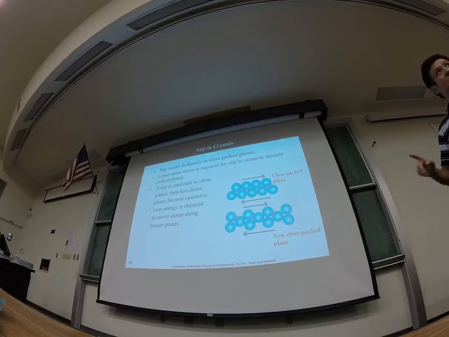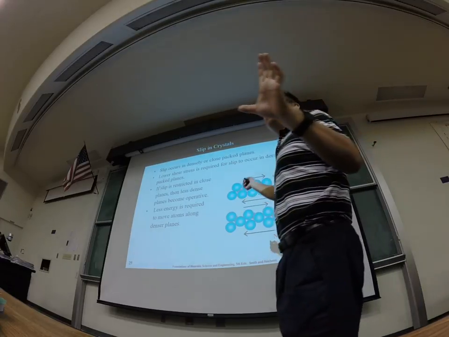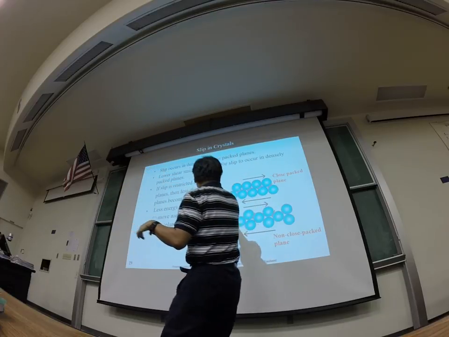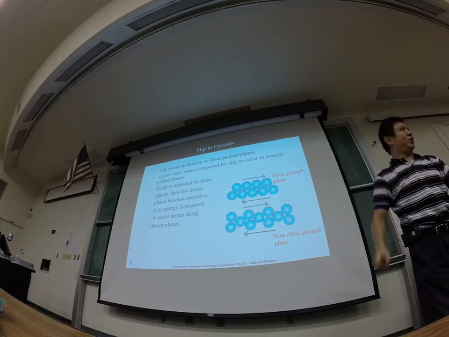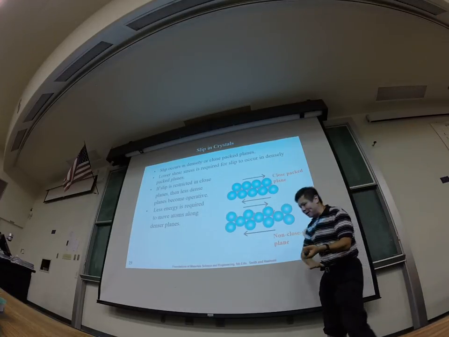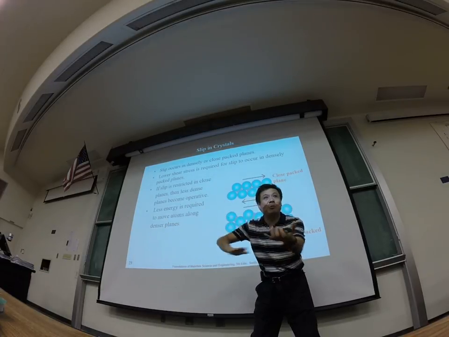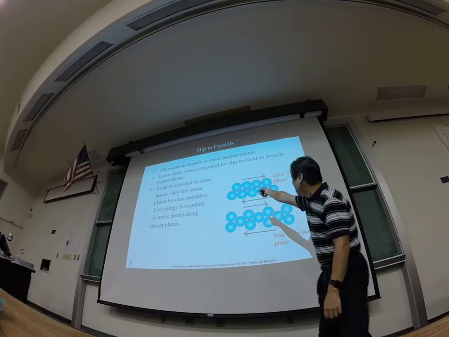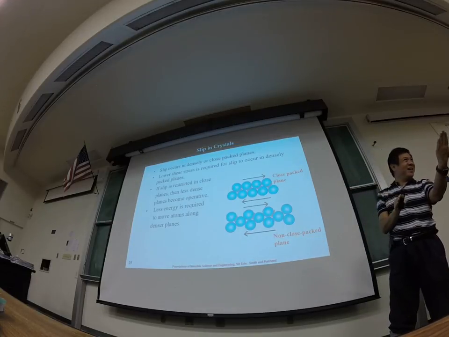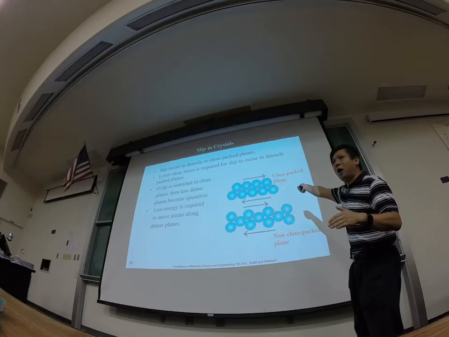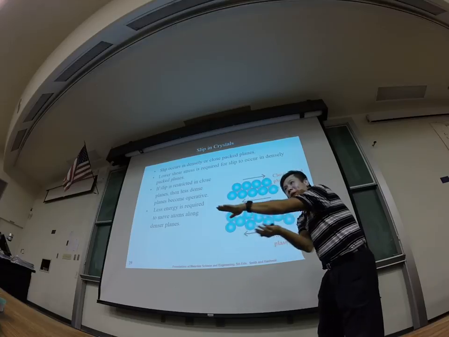Okay, this is the last slide before I stop here. When we talk about slip in crystals, one important thing is the single crystal, that means when we have close packed arrays like this one. Say for example, you have hexagonally ordered atoms on the bottom and then another close packed layer on top. If you take a look at these slip planes, those planes are really slanted. So if you want to move the top plane against the bottom, the resistance to the movement is small.